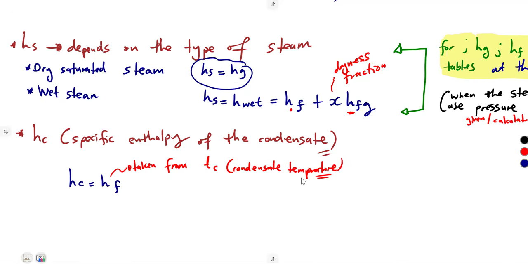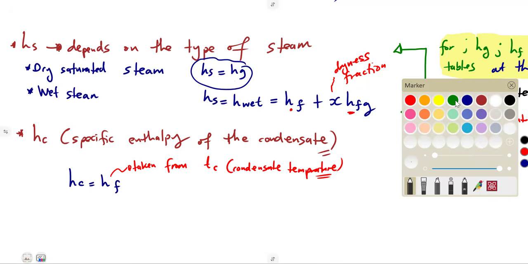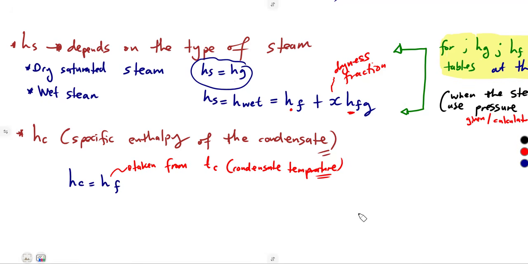But there's this thing now. Remember, I talked about the condensate and the coolant when we had the spray condenser in our introduction video. We saw that at the end from a spray or jet condenser, you'll be having the condensate and the coolant.